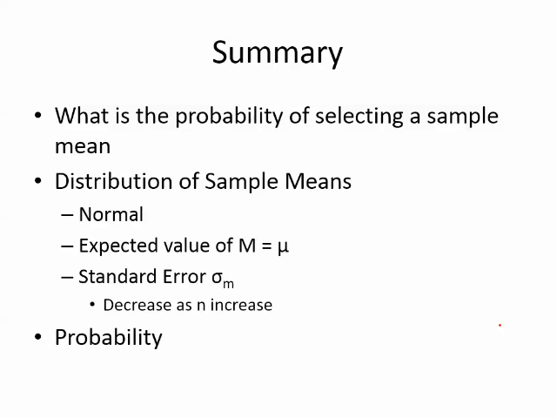Remember, one standard deviation from the mean on either side is about 68%. Two standard deviations is right around 95%, roughly. So that part remains exactly untouched from chapter 6.